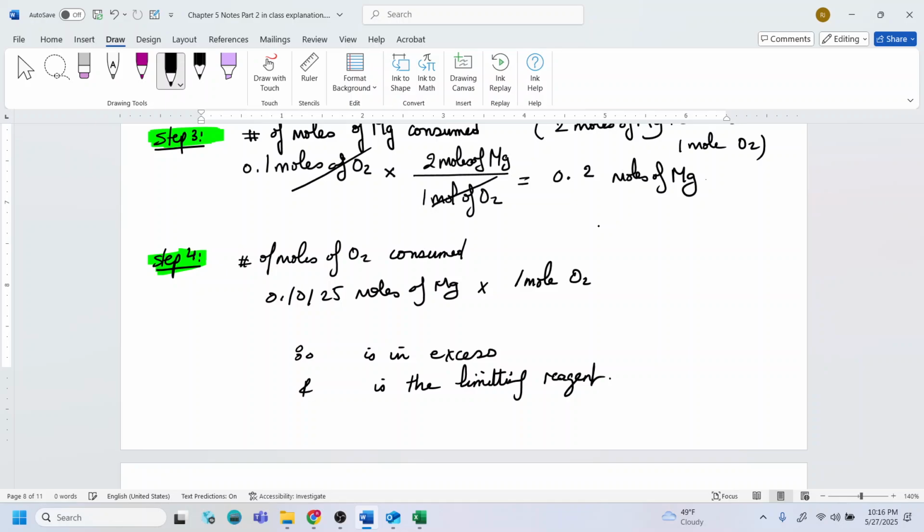For every 1 mole of oxygen, I am using 2 moles of magnesium. So the moles of magnesium and the moles of magnesium cancel out, and I'm going to be left with 0.051 moles of oxygen.